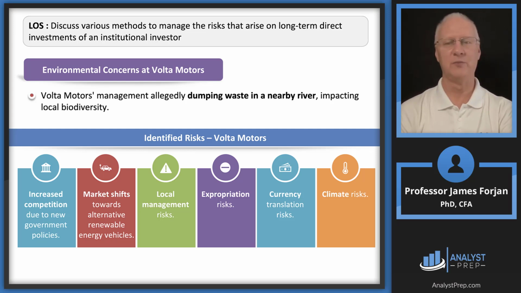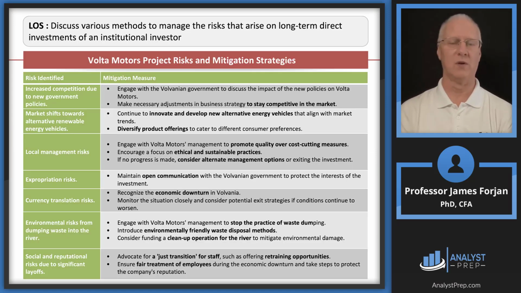Do you guys even read newspapers anymore? Put it all over social media, and all of a sudden, we're the bad guys, and that's not what we want. So if we have these environmental concerns, then the competition is going to eat us up, right? Market shifts, local management risk, expropriation, currency translation, climate risk. All of these things are increased risks of making just one poor decision.